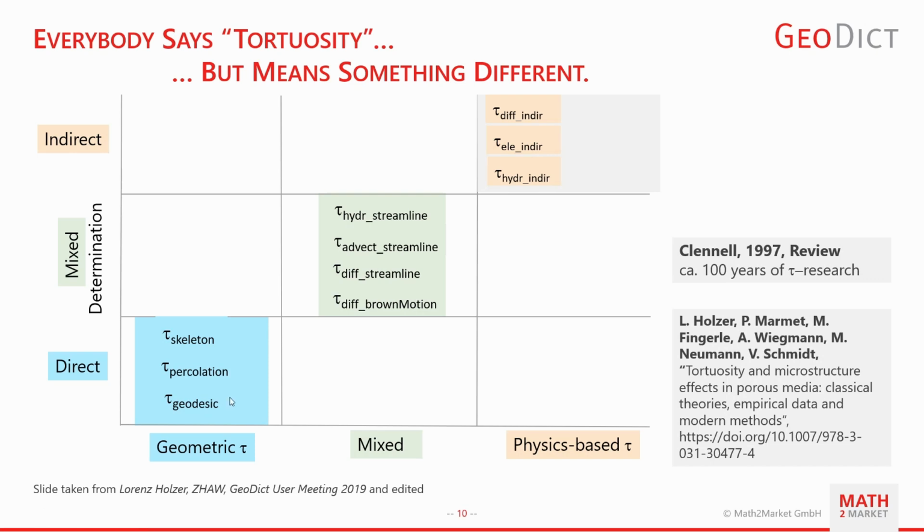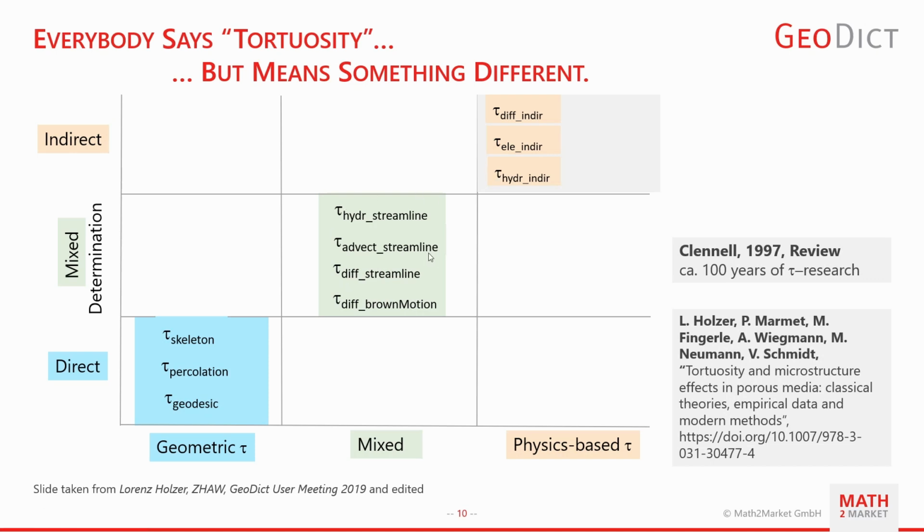So in the geometric measures, you compute the lengths, you find the shortest pathway, and then you compute the length of them. In the physics-based methods, you solve a transport equation, either diffusion, conduction, or flow. And then you look for the transport in this field and derive the tortuosity from the transport of the material through the media.